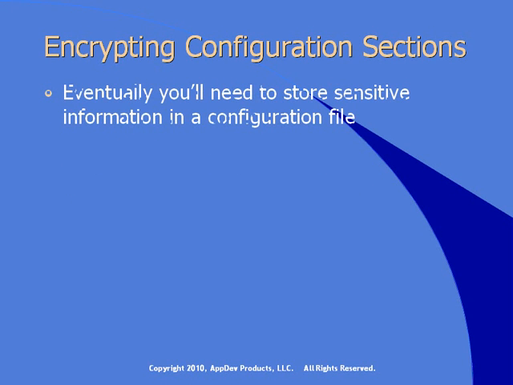One of the issues with configuration files is that eventually there's an excellent chance that you'll need to store sensitive information in the file. One common example is if you need to store the username and password for getting access to a database within the connection strings section. Fortunately, IIS and ASP.NET make it very difficult for a casual user using your web application to get access to that config file.